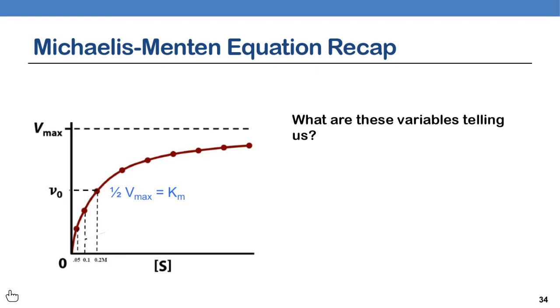Vmax is the rate at saturation. Yes, the maximum rate that enzyme can reach. And then our Km is affinity, perfect. And our Km is going to equal the substrate concentration at half the maximum velocity.